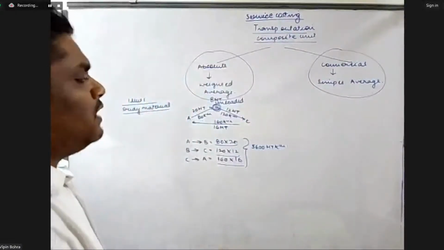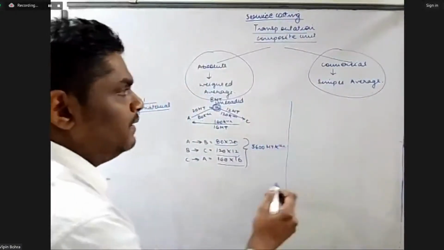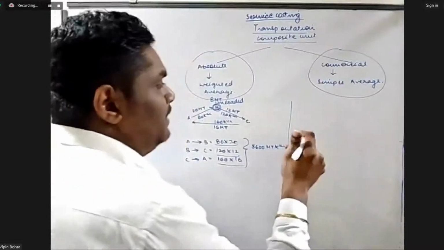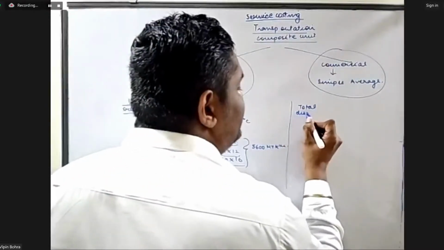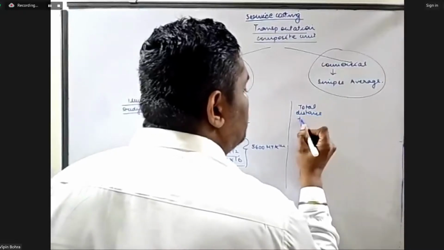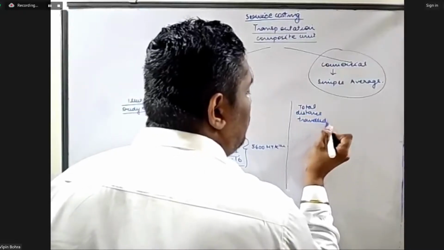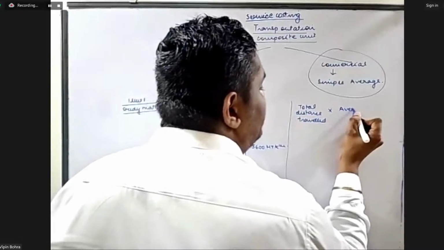Now, when talking about the commercial part, it's very simple. That is total distance traveled into average weight.